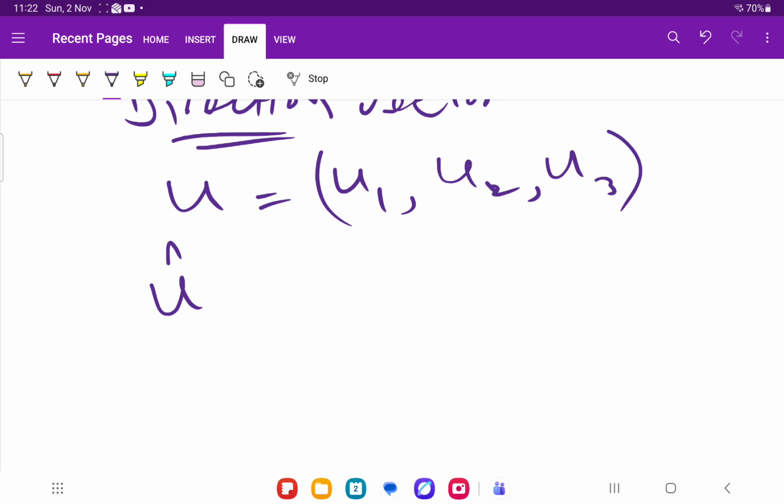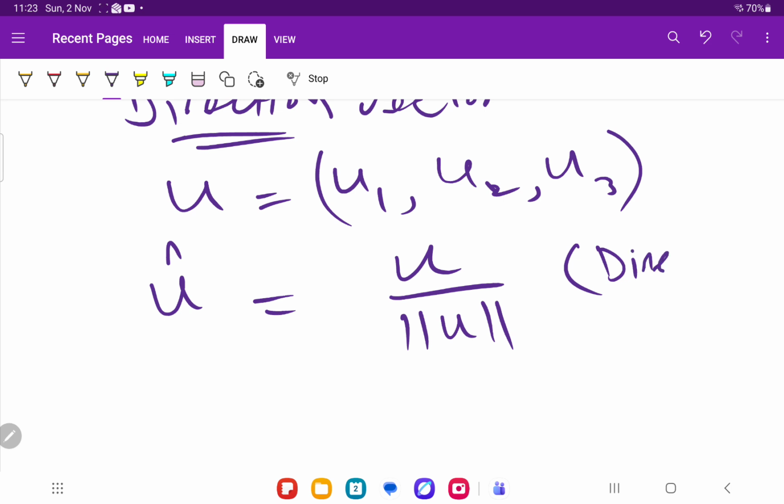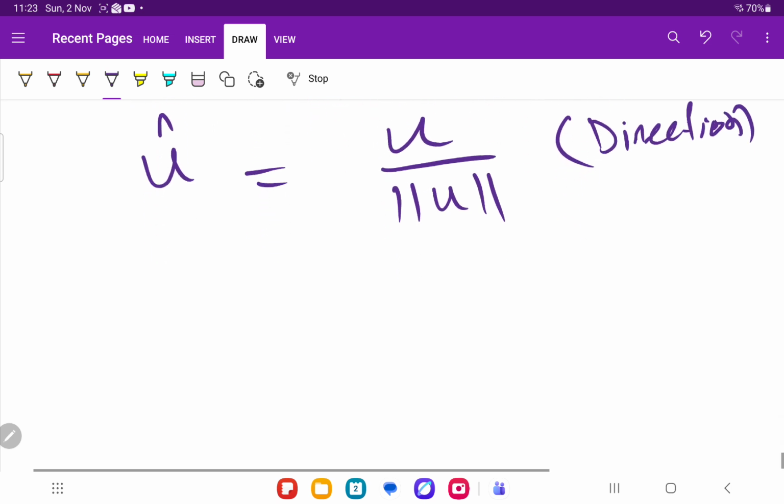That is the symbol of the direction vector, and the direction vector will be written as the vector divided by the norm of the vector. So that is called the direction vector, okay. The same vector divided by the norm of the vector.